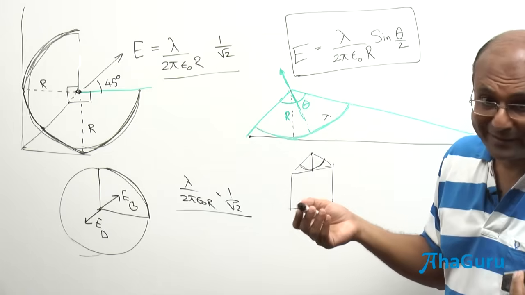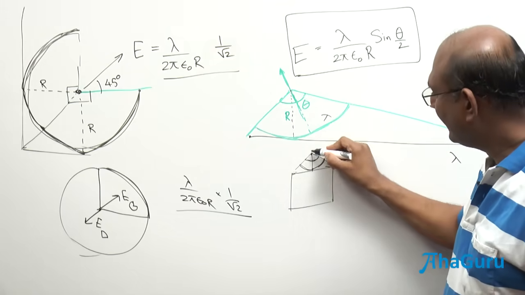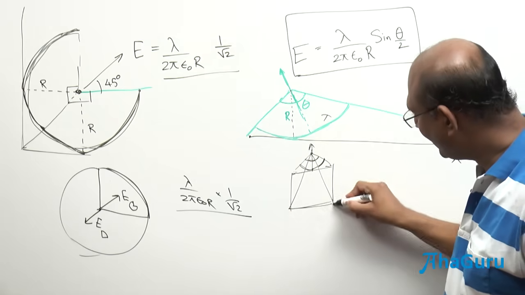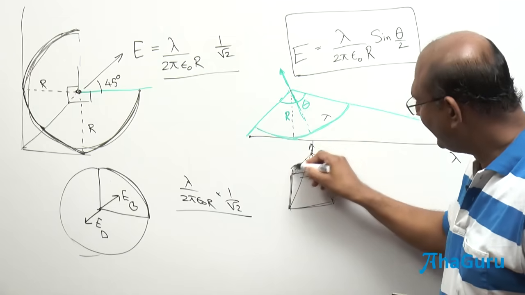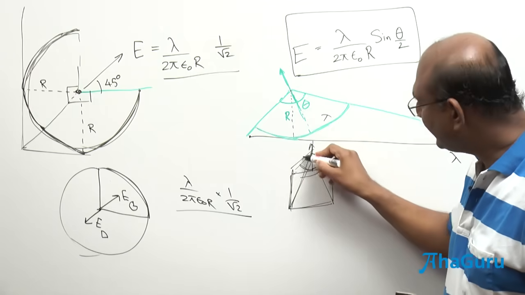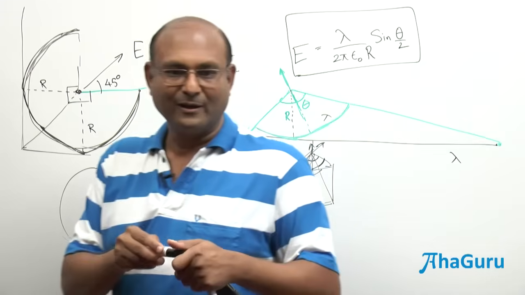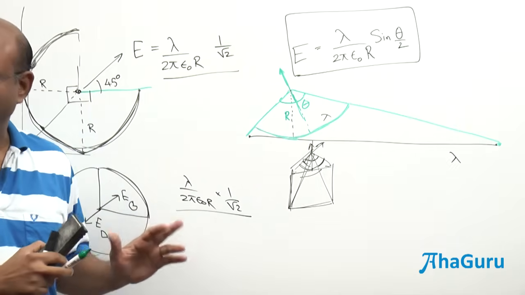Or I just remember the formula for this, saying what it is. So I can just simply look at this angle and write the answer. Then if I wanted for this one, I take this one, I have this angle, I write the answer. And if I want this, then I do the same thing. I take the angle here and look at this answer. Of course, you have to do some cos theta, sin theta components and then finally find the answer.